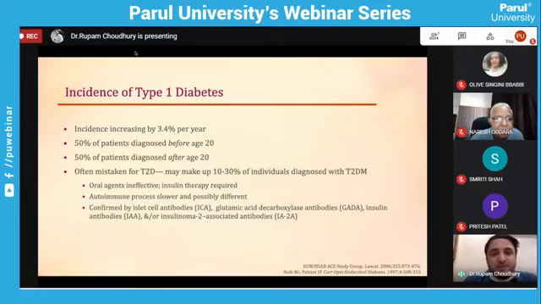50% of patients are diagnosed before the age of 20, and another 50% are diagnosed after the age of 20 years. It is often mistaken for type 2 diabetes, and may make up 10 to 30% of individuals diagnosed with type 2 diabetes.